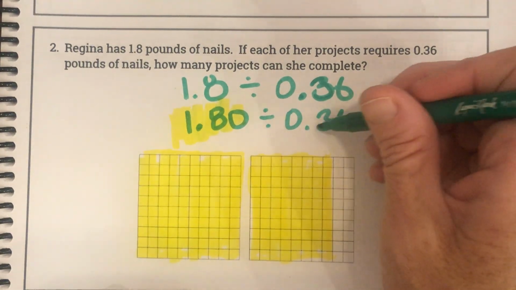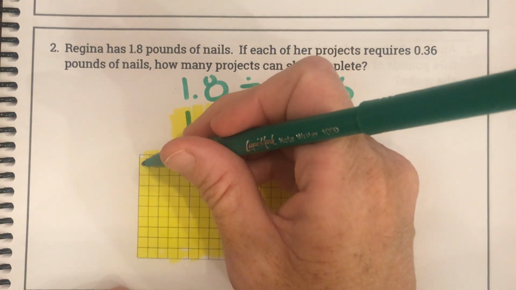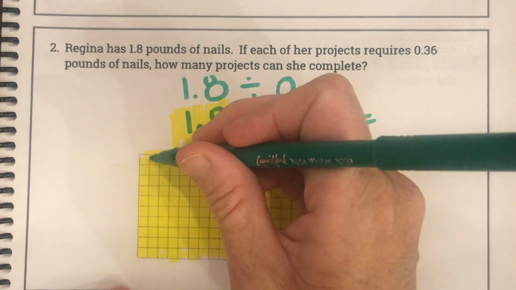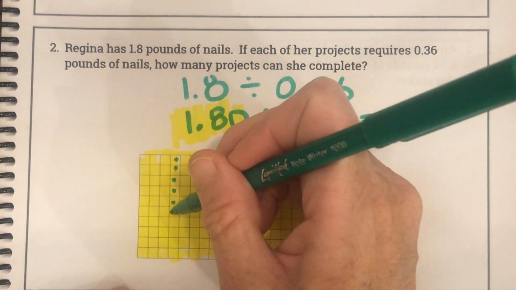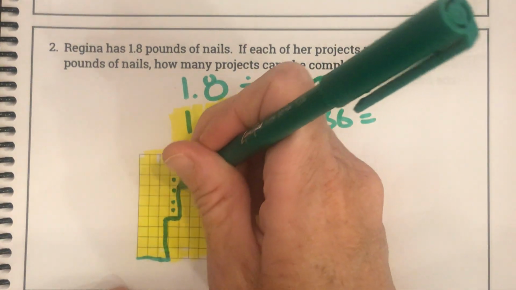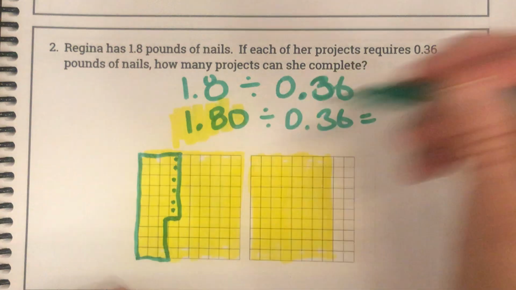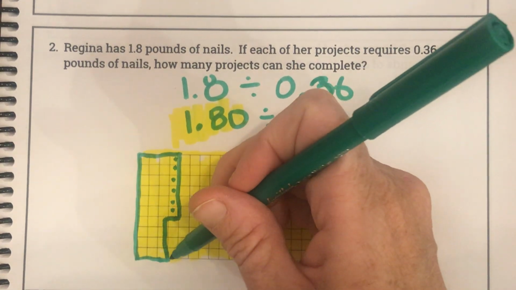So we need 36 hundredths in each group. So I could maybe take a shortcut because I know that's 10, 20, 30, 31, 32, 33, 34, 35, 36. You could only do that when you have a whole thing. So this is 1, 2, 3, 4.